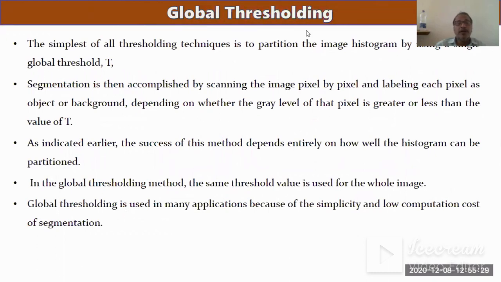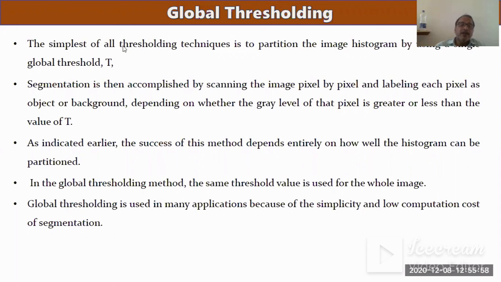Now global thresholding. It is very simple. We already know this. आपल्याला हे ऑलरेडी माहित आहे, मला वाटतं दुसऱ्या चॅप्टर मध्ये आपण हे केलेलं आहे. So if the pixel value is less than that particular threshold, it will be converted to 0, and if greater, then 1. So that type of thresholding is called global thresholding.